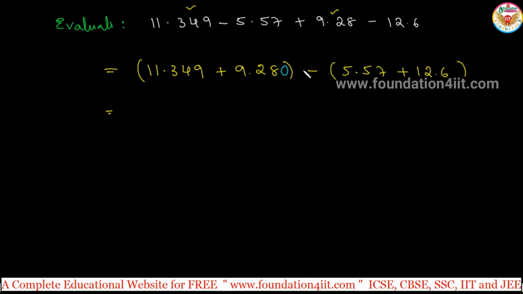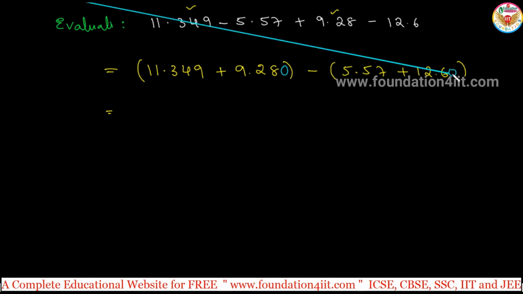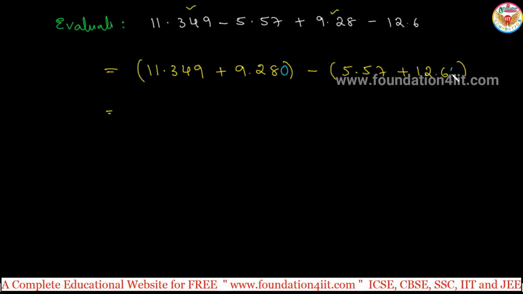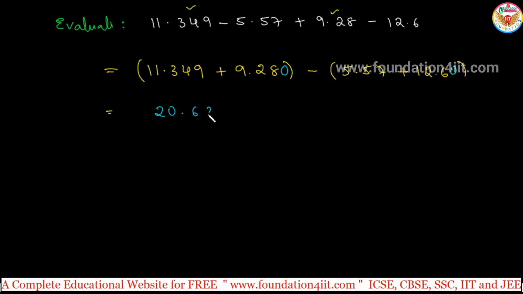You can keep a 0, one more 0. So convert into like decimals. 11.349 plus 9.280. By adding these both normally, we'll get the answer 20.629. Normal addition you can do.